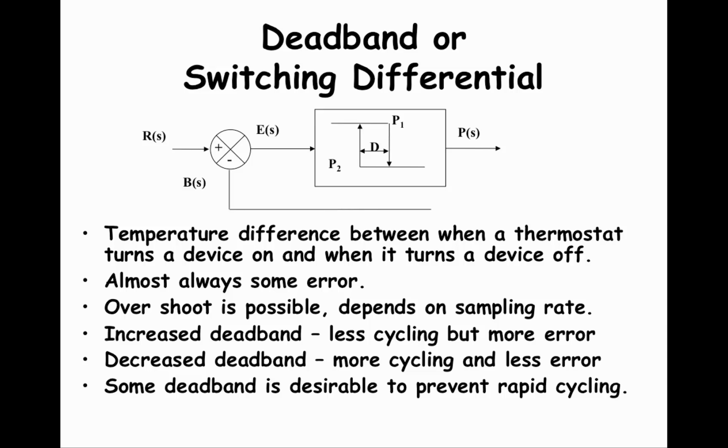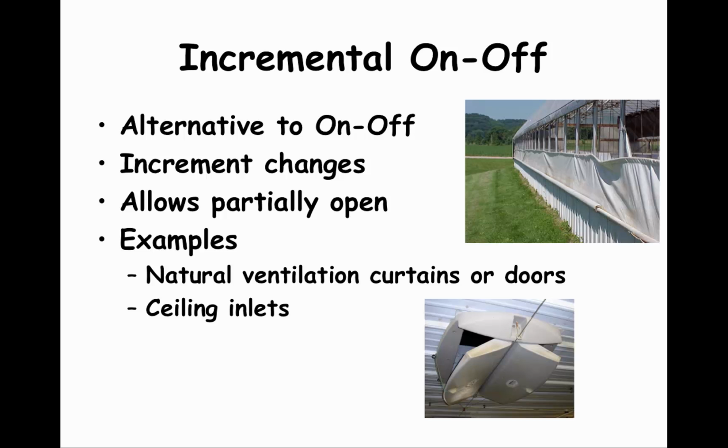And some overshoot might be possible, depending on sampling rate. Increased deadband will increase output variation and reduce cycling. And decreased deadband decreases output variation and increases cycling. Some deadband is desirable to prevent rapid cycling.